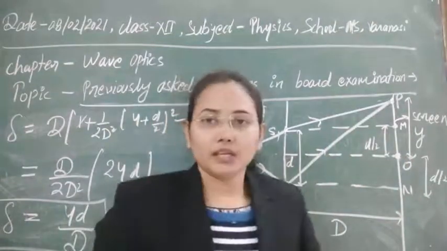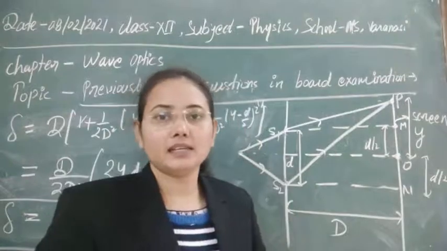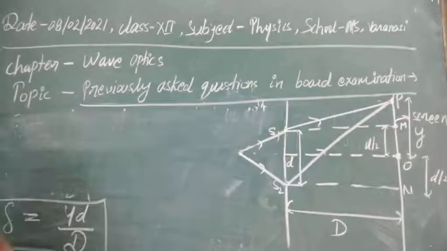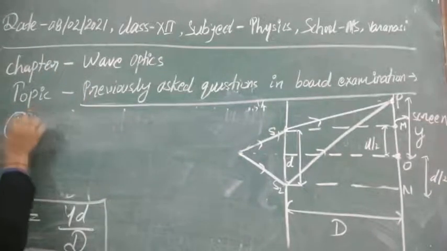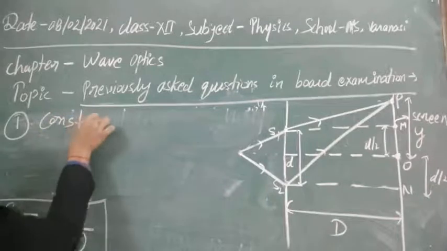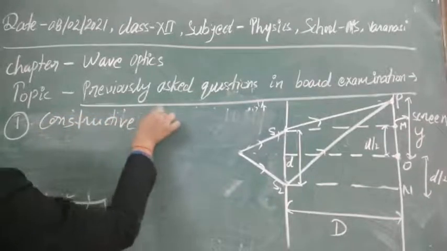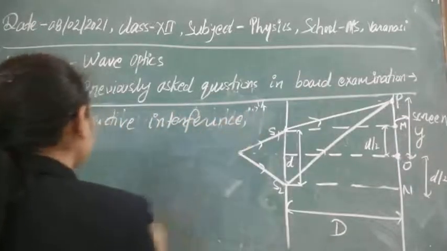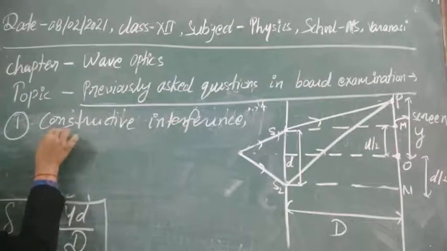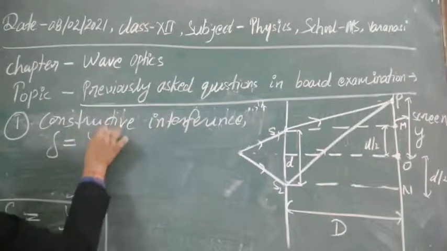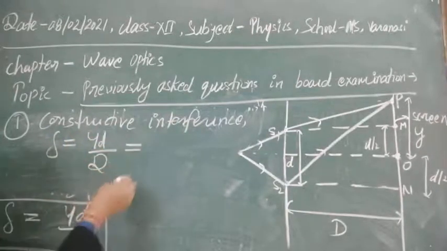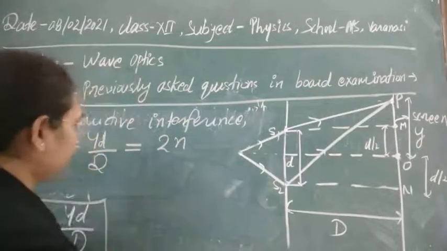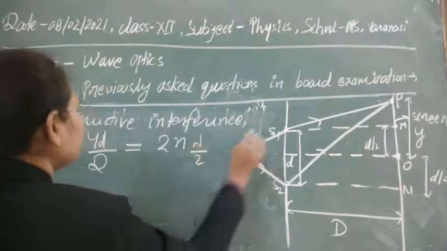Now we can apply the condition for maximum or minimum intensity. As you know, the first condition for maxima is constructive interference. So for constructive interference, delta, which is yd by D, is equal to 2n lambda by 2.